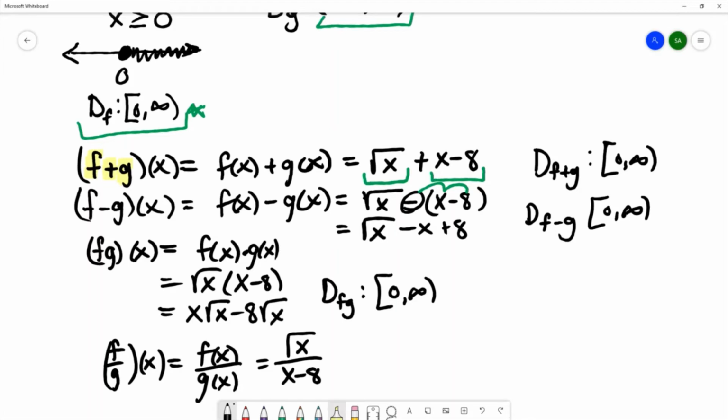However, because we've introduced division, we have another restriction that has come up, in that the denominator cannot equal 0. So 8 is another restricted value. So if we think about this on the number line, we've restricted from 0 to infinity.